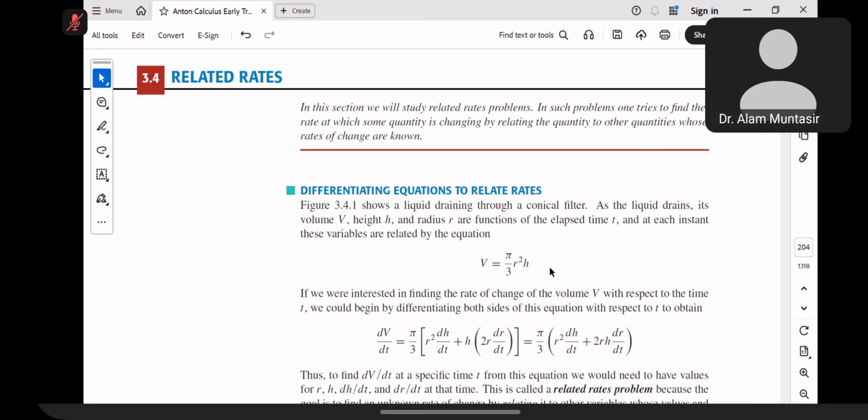So here, what are the independent variables of the volume function?